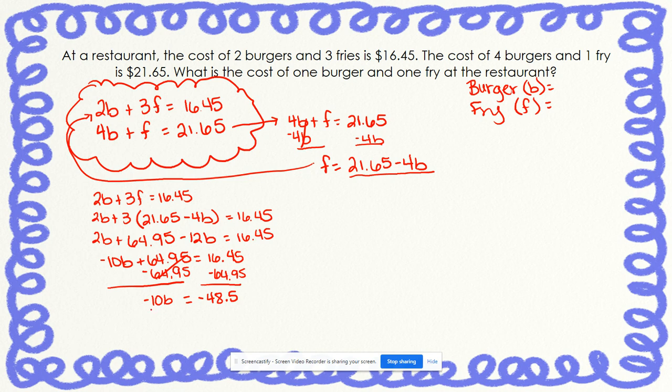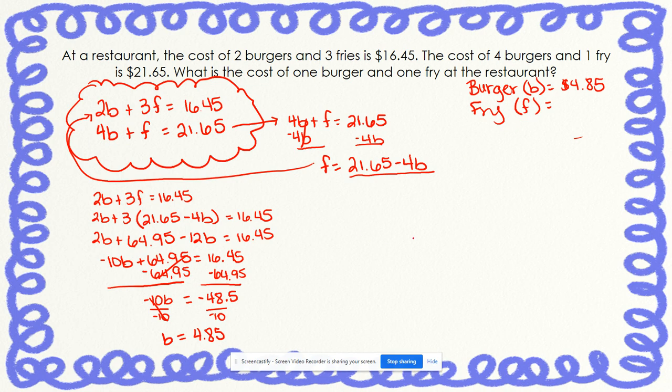Now to get B by itself, I need to divide by negative 10 on both sides. These are going to cancel and leave me with B equals, and when I do negative 48.5 divided by negative 10, I get 4.85.